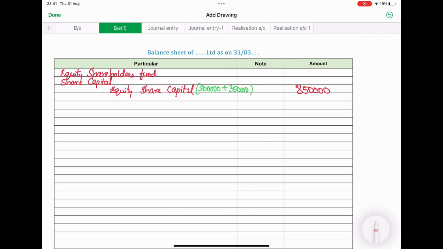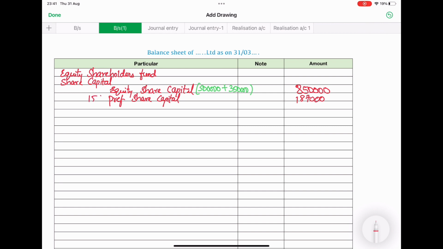Preference share capital I have already calculated. There itself, directly we can write 1,87,000. Next we are having 15% preference share capital.